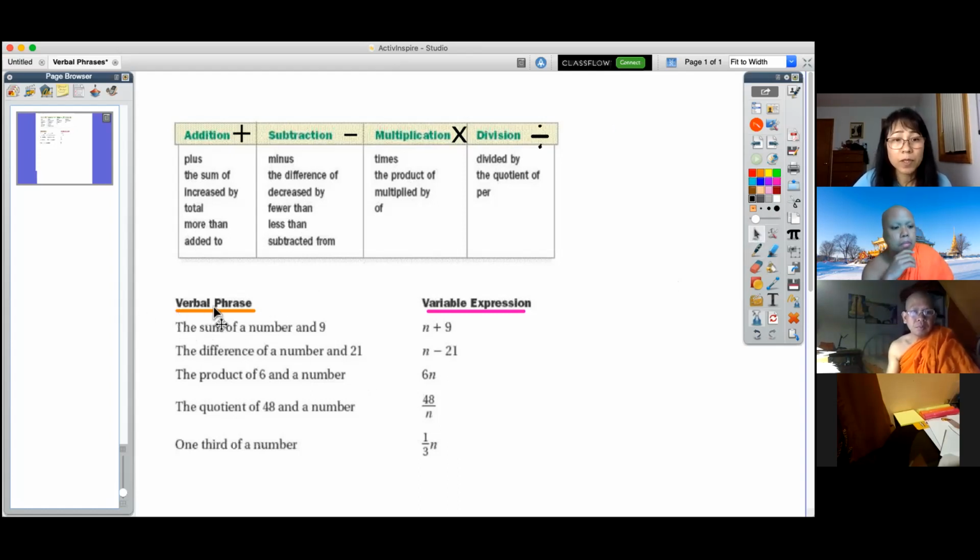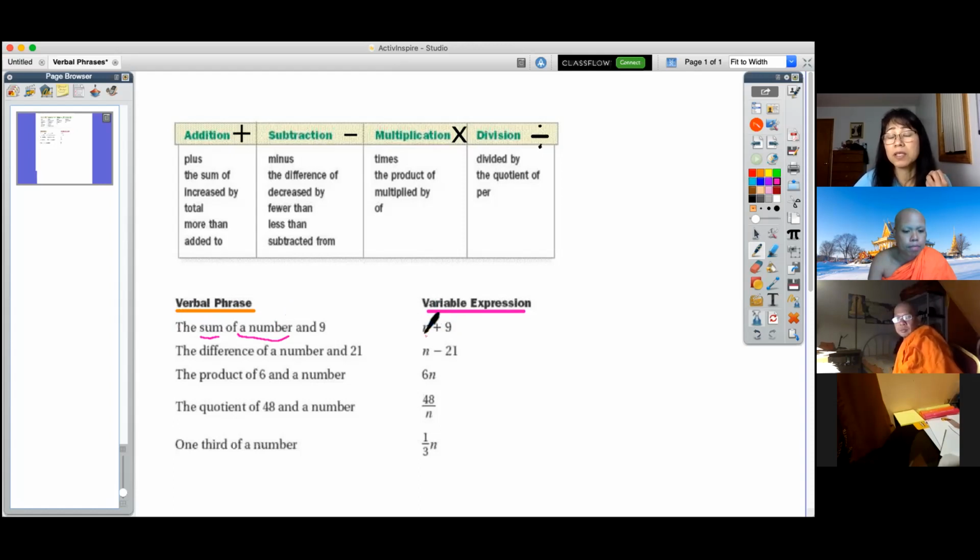Example here, verbal phrase. Here, sum, you can see the word sum means add. A number means an unknown quantity, so the sum of a number and 9.